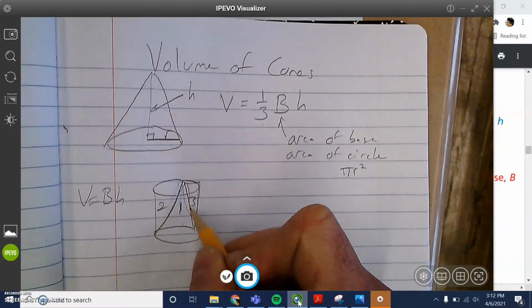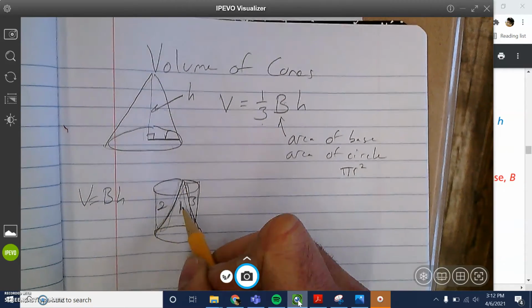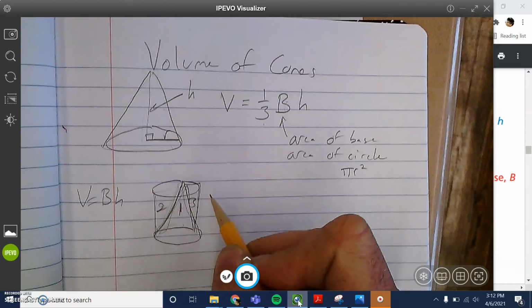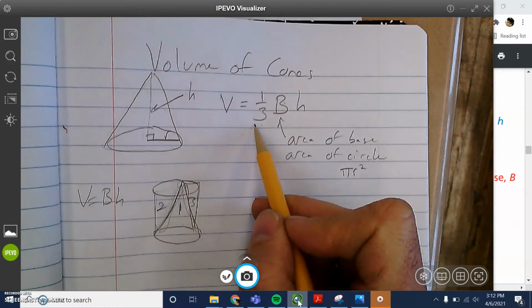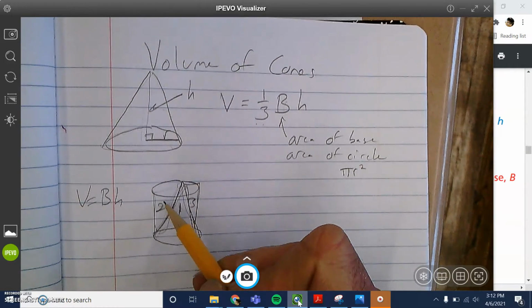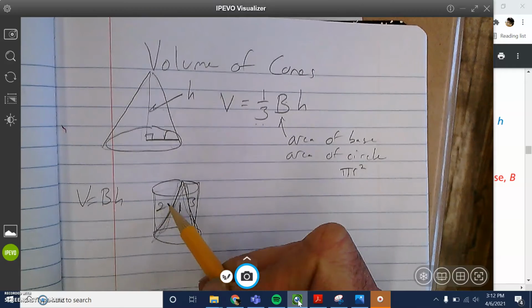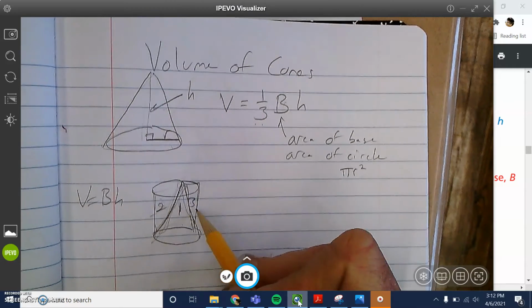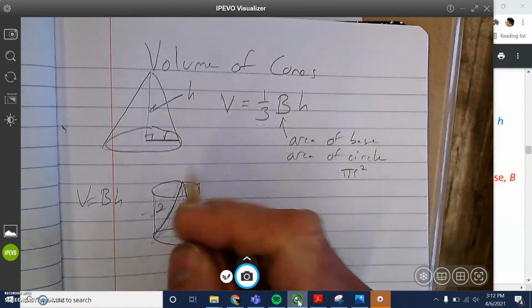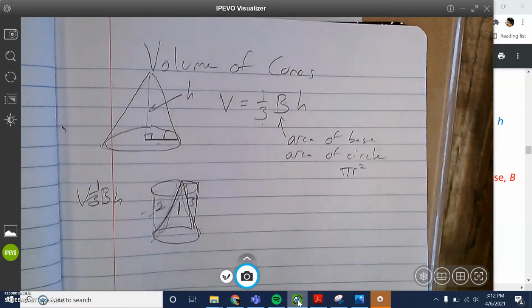So it's 1 out of the 3 total pieces that make up a full cylinder. So that's where the 1/3 comes from, because it's not a full cylinder, it's actually 1/3 of it. You have 3 pieces, it's only 1 out of 3. That's where the 1/3 comes from.